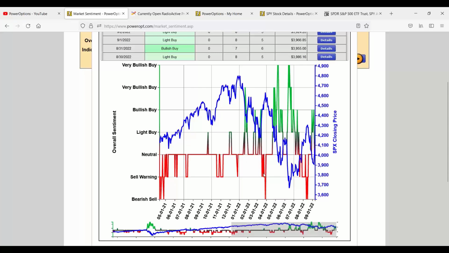We saw the bearish sell warnings again as the market climbed, and then it collapsed, and we started to see the bullish buys, a little bit of a fake out here. We talked about that last week, what happened here from June 9th to June 13th. And we get the strong buys again, and on August 15th, we got the strong sells. We pulled back. We started to get the strong buys again last week, and so we're seeing the market move up again.